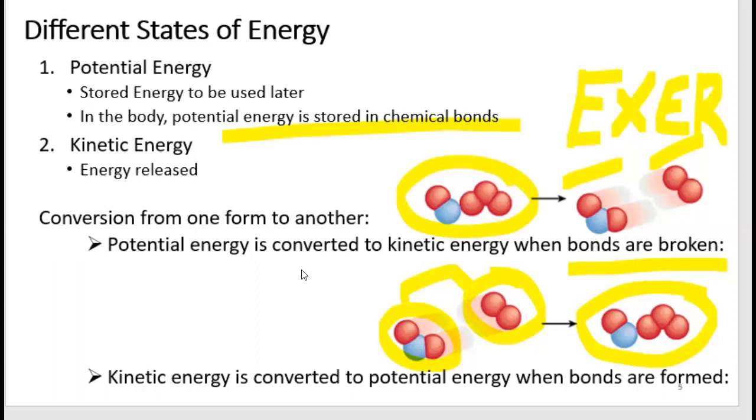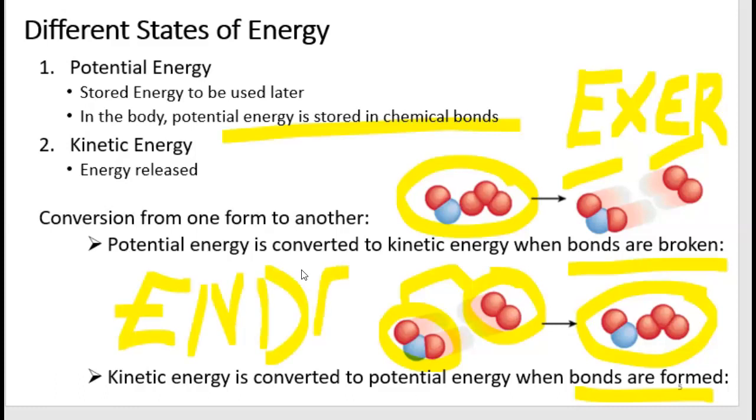When they meet up and a bond is formed, now the energy is stored in those bonds, and we call it potential energy. This is typically, either way, an endergonic reaction, because the input of energy was required.